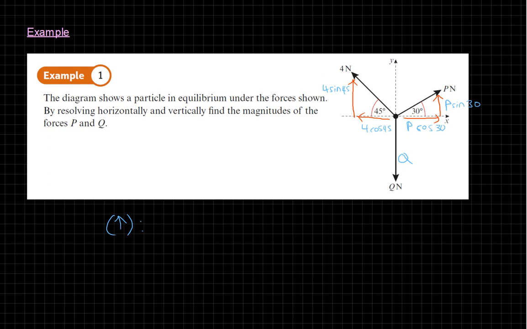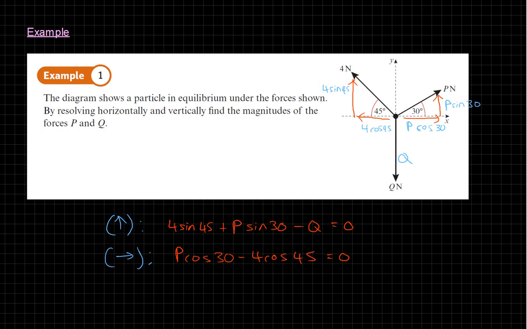So it tells me that 4 sine 45 plus P sine 30 minus Q equals 0. And if I resolve horizontally, we're going to get P cos 30 minus 4 cos 45, and that equals 0.